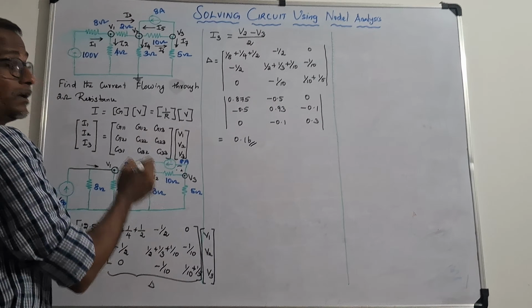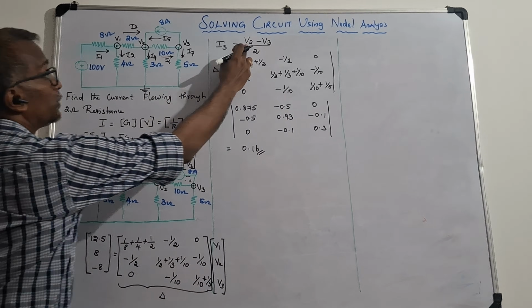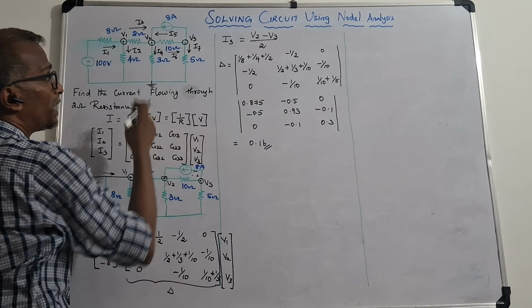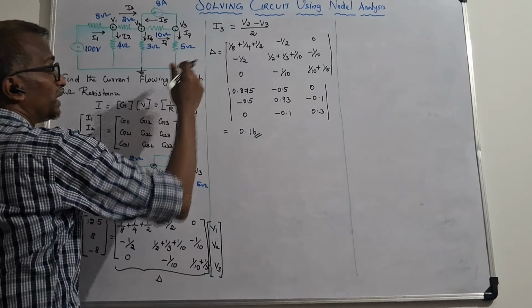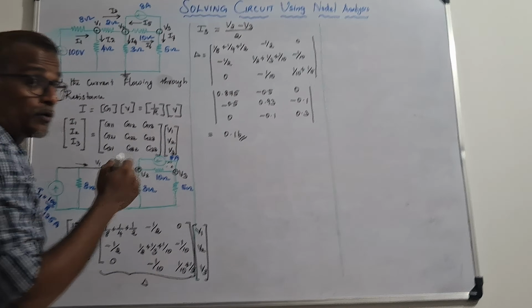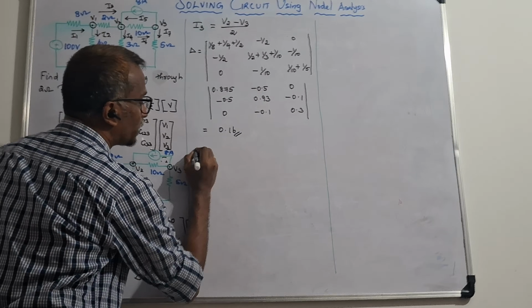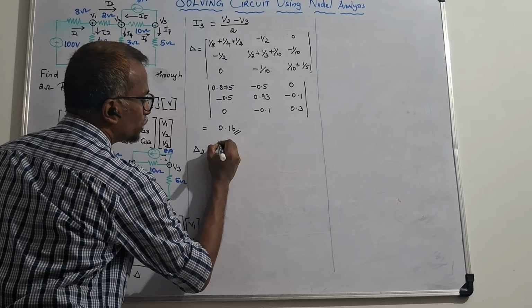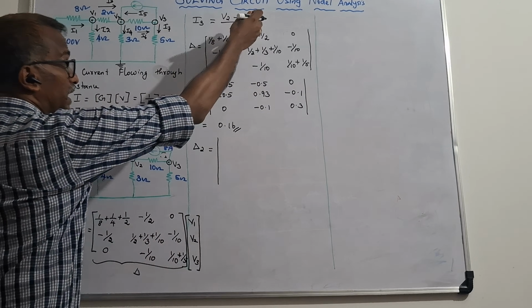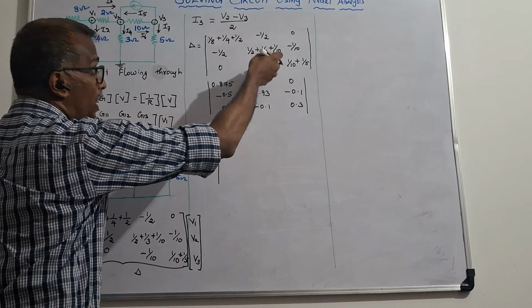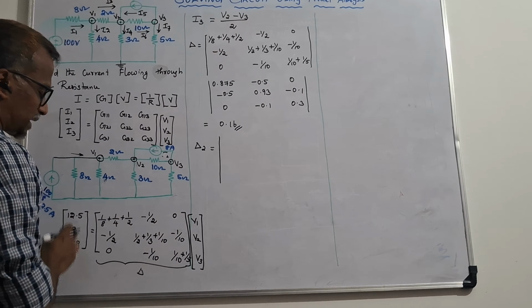Okay. Then we need to find out V2 and V3. So how to find out V3? V2 is nothing but delta 2 divided by delta. So I am going to find out what is delta 2. So the delta 2 is what? In the delta, the second column has to be replaced with this current.